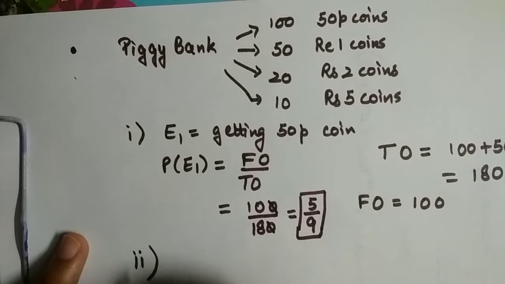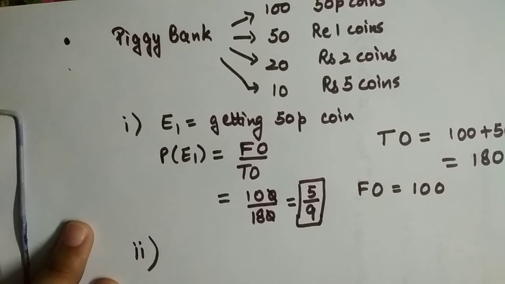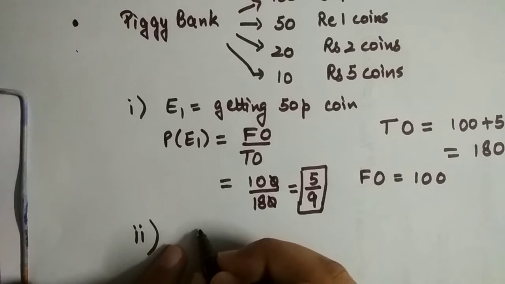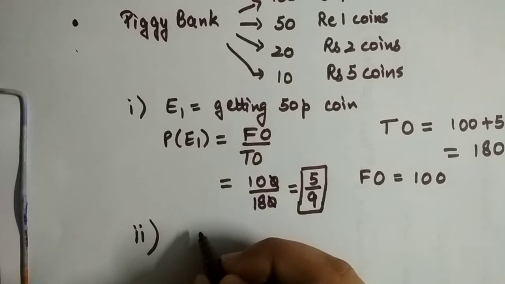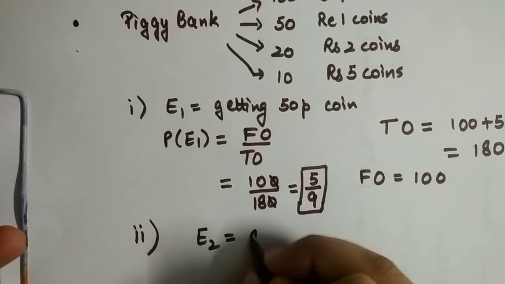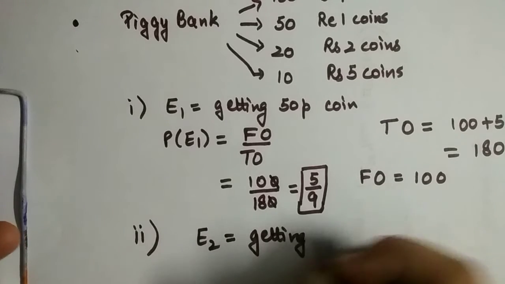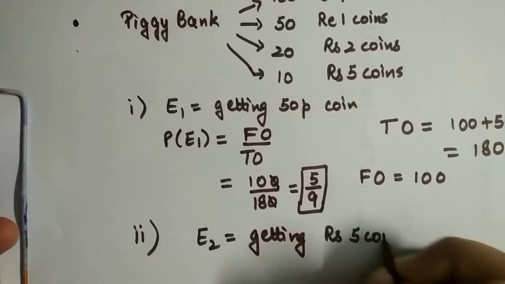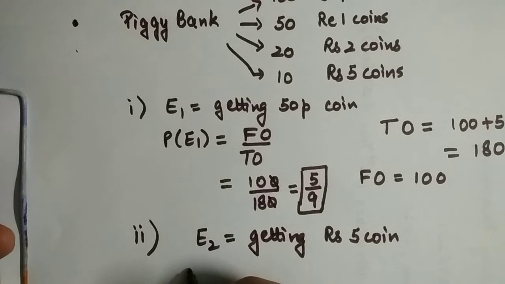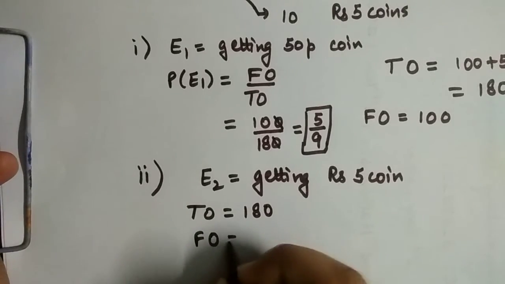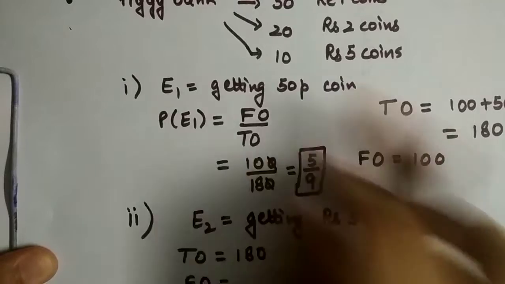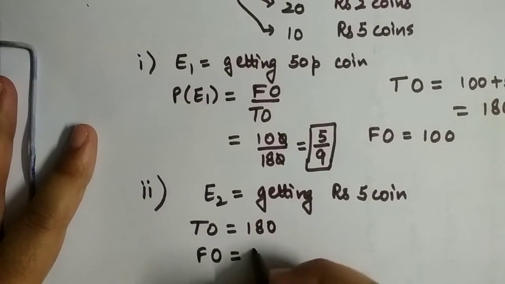Second part, they are asking what is the probability that the coin will not be a rupees 5 coin. So first of all, we will find the probability that it would be a rupees 5 coin, and then we will find the probability of the complementary event. So let E2 be the event that we are getting a rupees 5 coin. Total outcomes are 180 and favorable outcomes are, how many 5 rupees coins are there? 10. So the favorable outcome is 10.